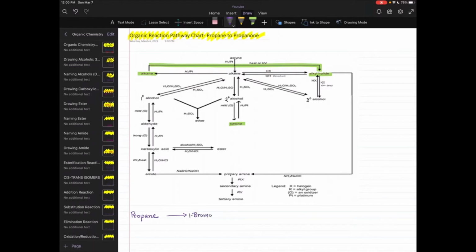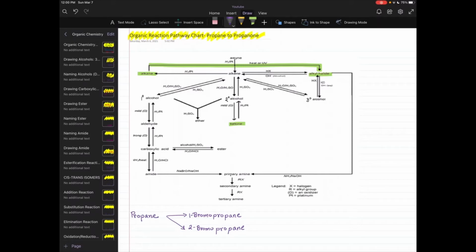So 1-bromopropane, or the bromine that we are adding could go into position 2, and therefore it would become 2-bromopropane. So our propane can convert into two different kinds of alkyl halides: one is 1-bromopropane and the other is 2-bromopropane if the bromine attaches to position 2.